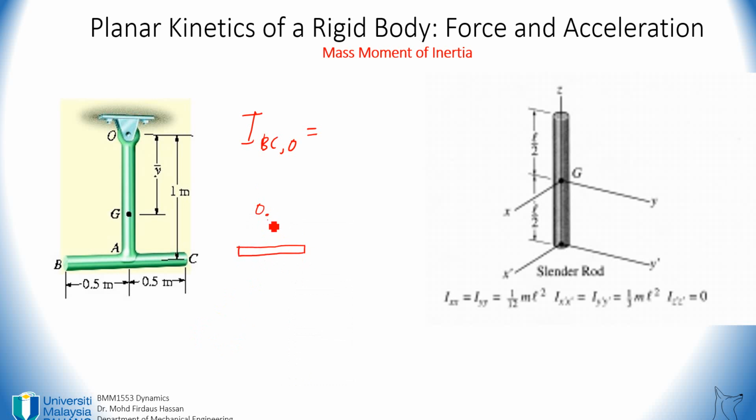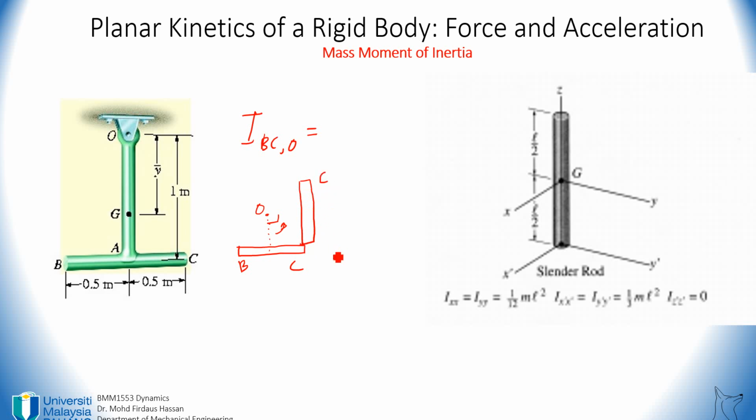If I just draw a dash line here, all right, we hide the OA first. If this one rotates about point O for 90 degrees, what happened? What's the position of BC? I can say that BC, if it rotates 90 degrees in this direction, it can be like this.